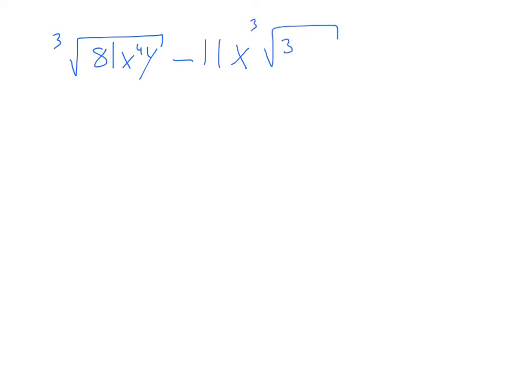So now it's going to be the third root of 81x to the 4th power y minus 11x the third root of 3xy plus 5 times the third root of negative 3xy to the 4th power.